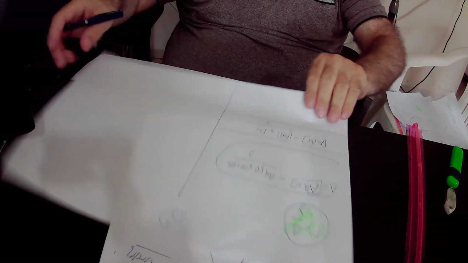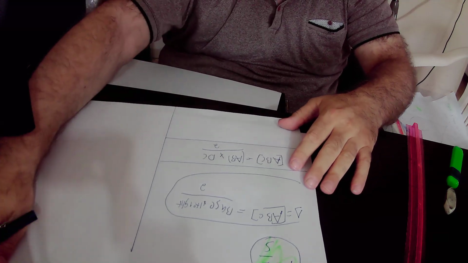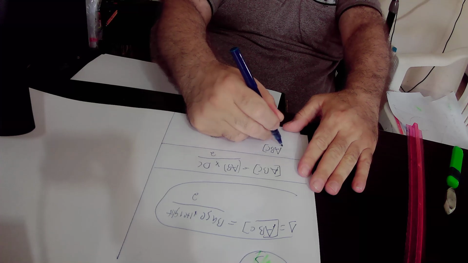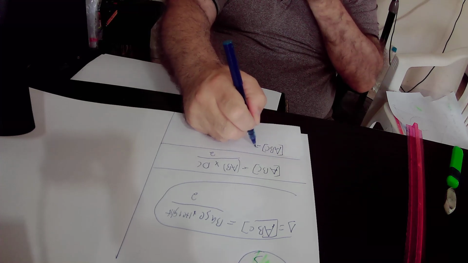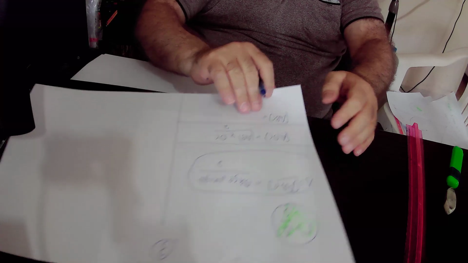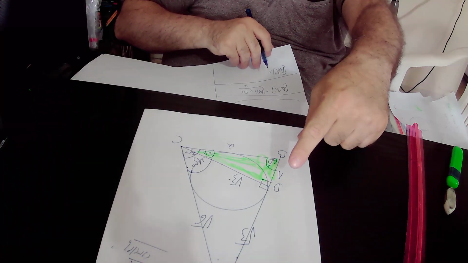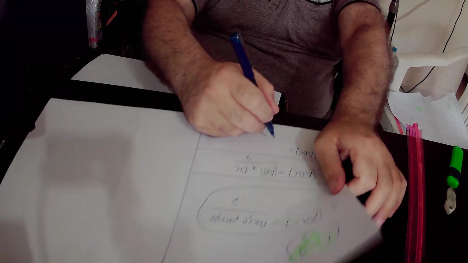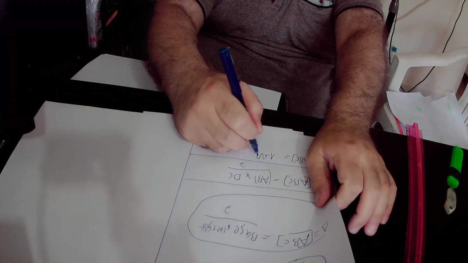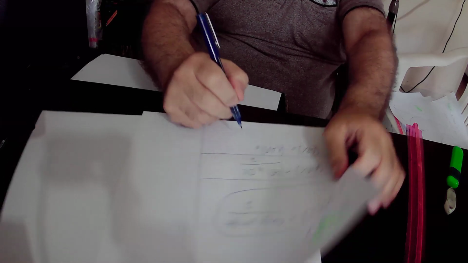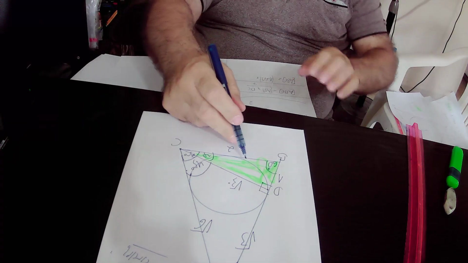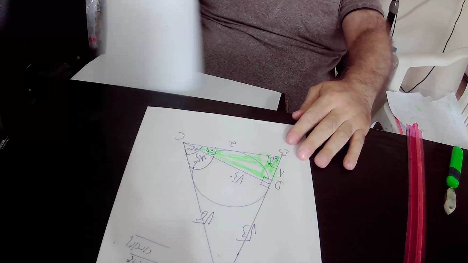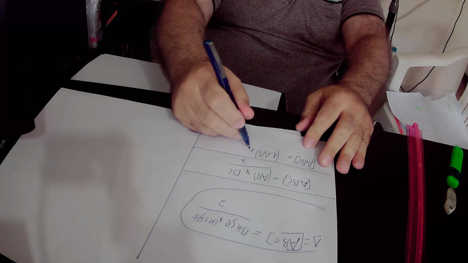So the area of triangle ABC is equal to AB, where AB equals 1 plus square root of 3 units, times the height to the base. The height to the base equals square root of 3 units over 2.